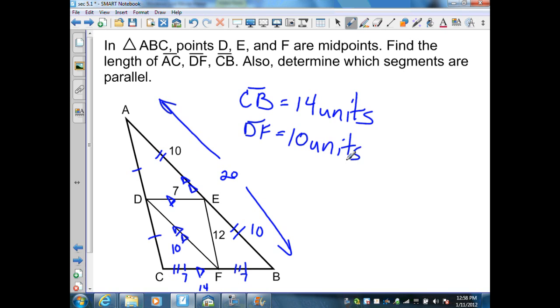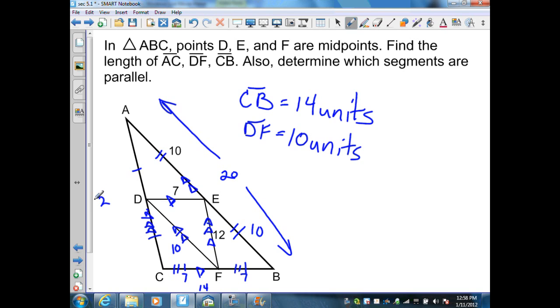And we're also given EF. EF is a midsegment of the triangle also, and I know that it's parallel to the third side, and it's half as long as the third side. If this side is 12, this must be double that length.